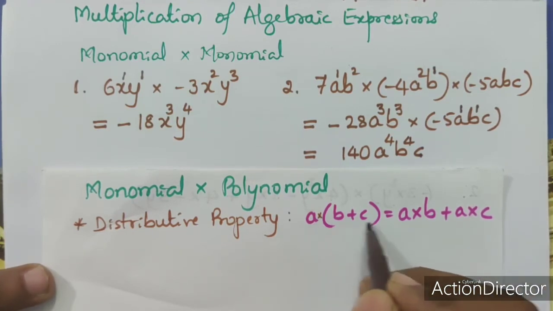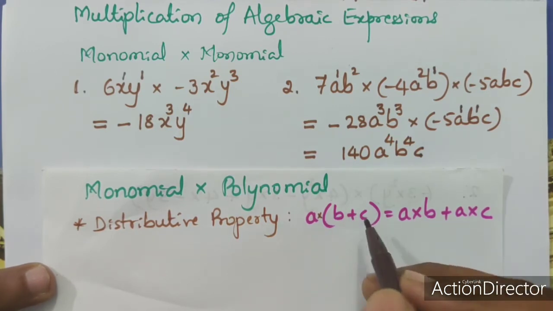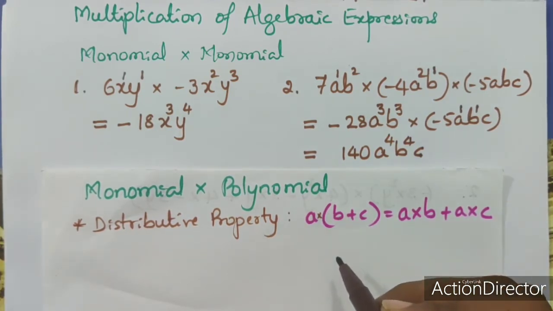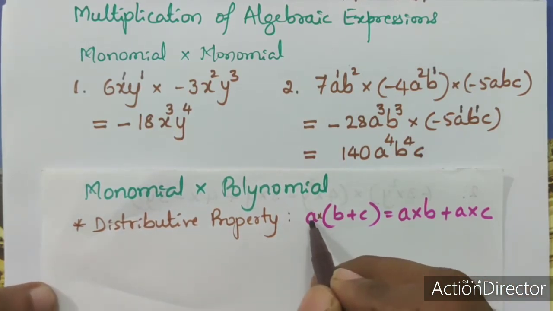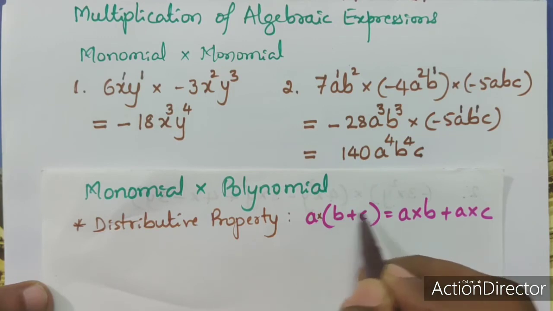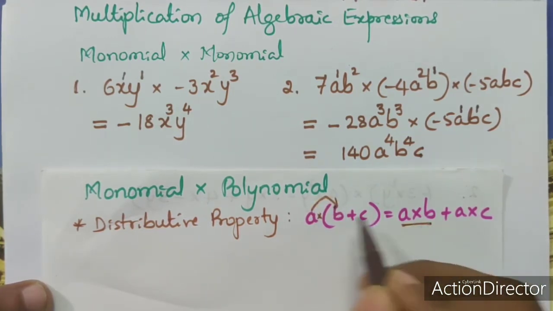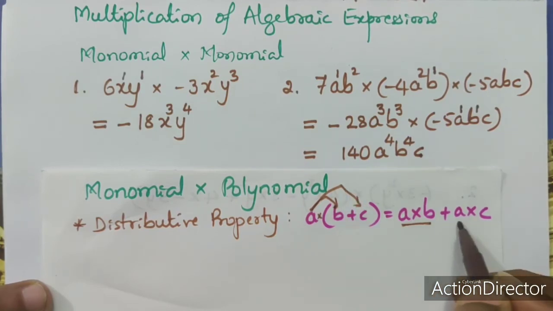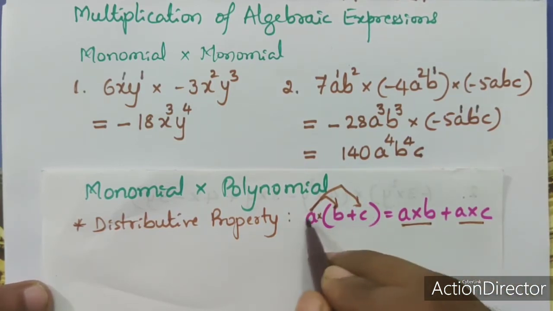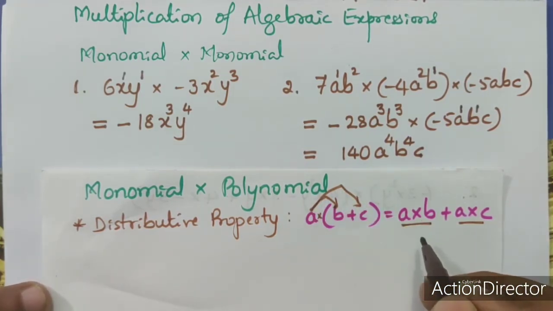This is a monomial and this is a binomial, where in place of b plus c there are two terms. There may be 3, there may be 4 in the bracket. How do we use the distributive property? Whenever you open the bracket, this a should be multiplied to both the terms inside. Once a into b, then plus, then next a into c. If there are 3 terms, again a into the next term will continue.